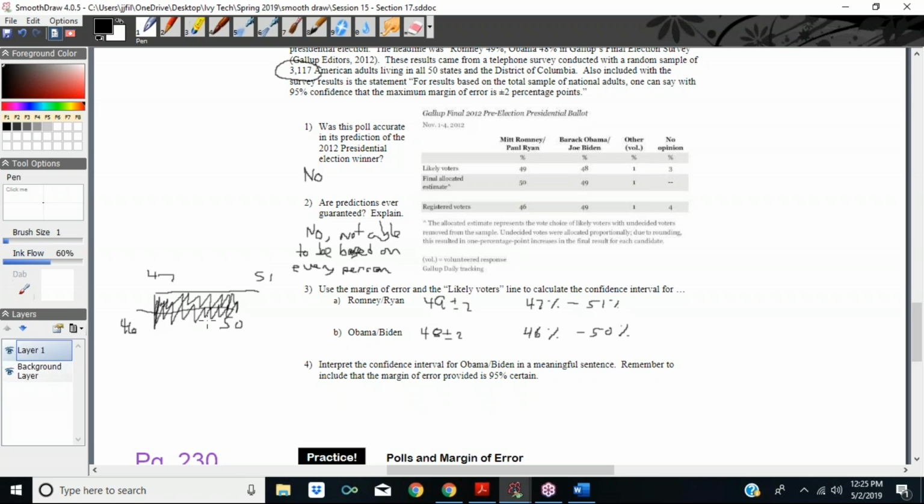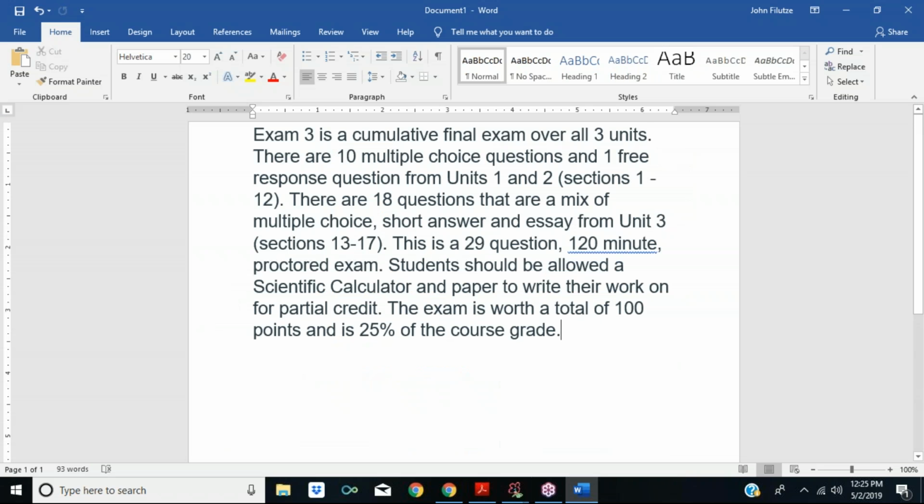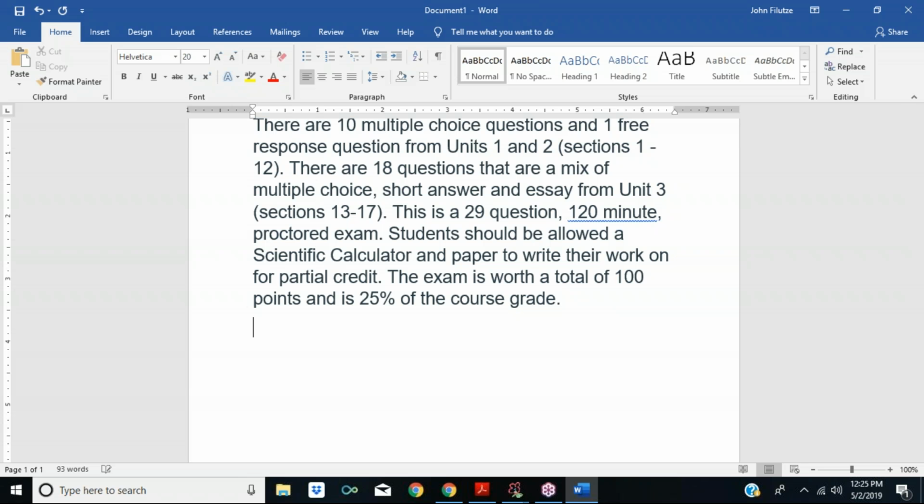So it says here, interpret the confidence interval for Obama-Biden in a meaningful sentence. Remember to include the margin of error provided is 95% certain. So I'm going to actually type this because it's way easier than writing with my mouse. So remember the components.